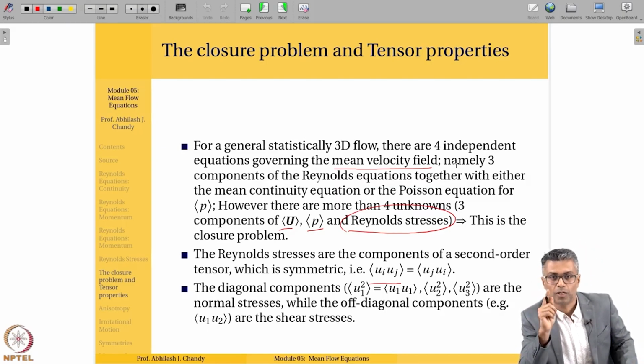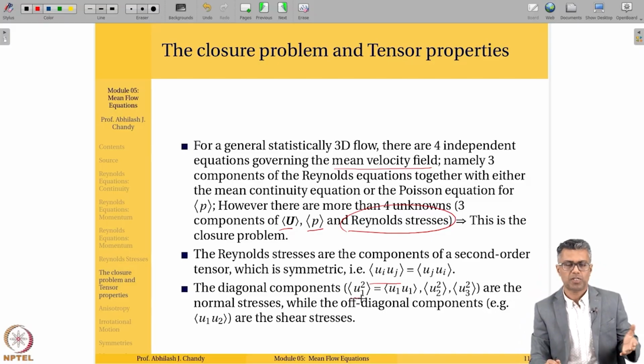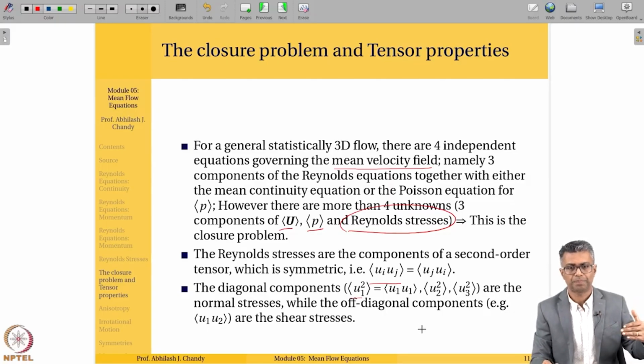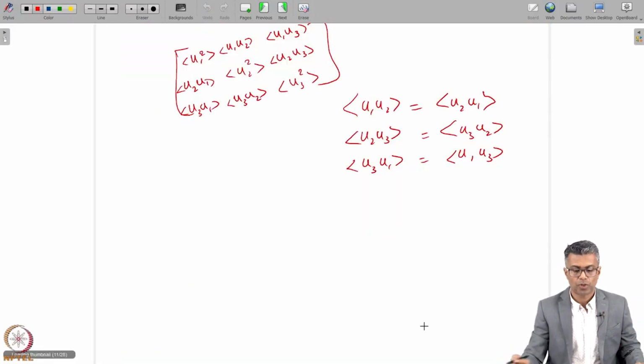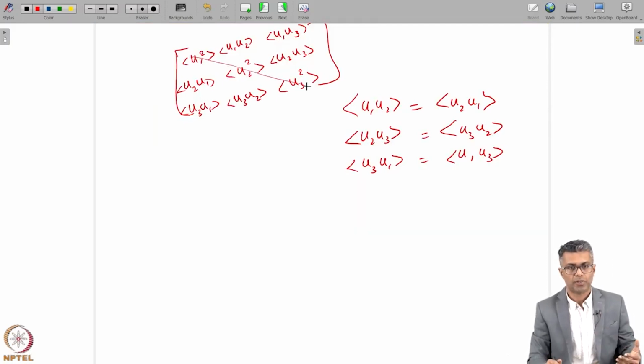Now let's think about the diagonal components. I have U1 squared, which basically comes from U1, U1, and then U2 squared and U3 squared, which are essentially the normal stresses, while the off-diagonal components are the shear stresses. So here, these are like the normal stresses.